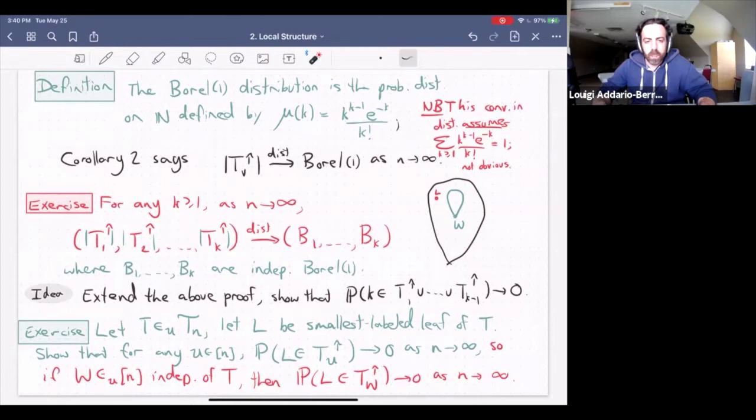Indeed, there is a connection there. The Borel distribution is the distribution of the total number of individuals in a critical Poisson branching process. So again, things will develop. We will likely come to this later in the lectures.